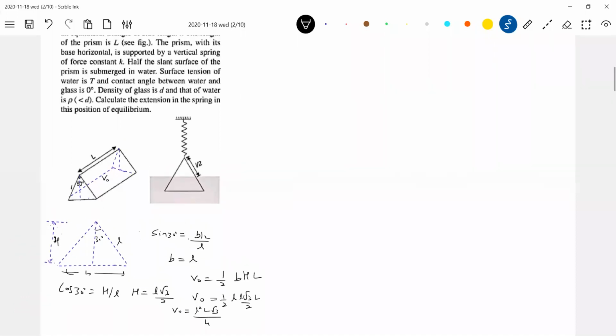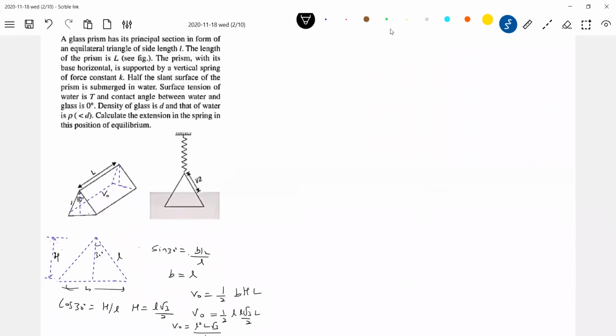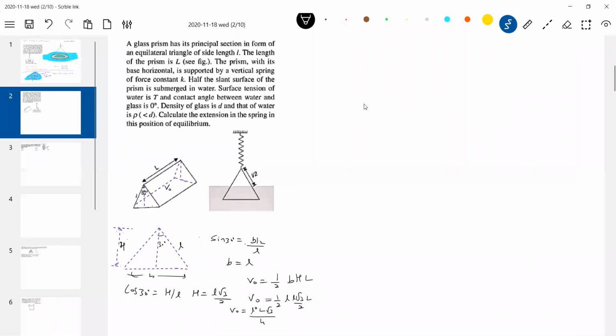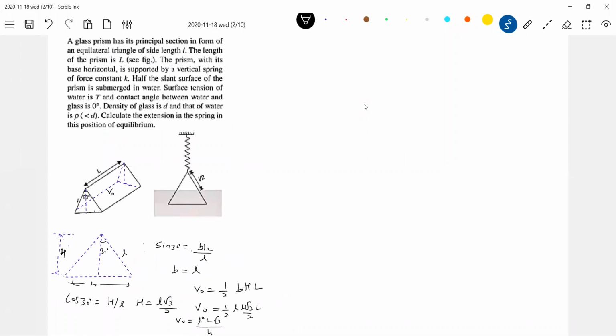Okay, fine. I think this is the geometry everyone knows. You know, high school geometry, what you have come across. Half of it is immersed. Okay, let's get into the problem.